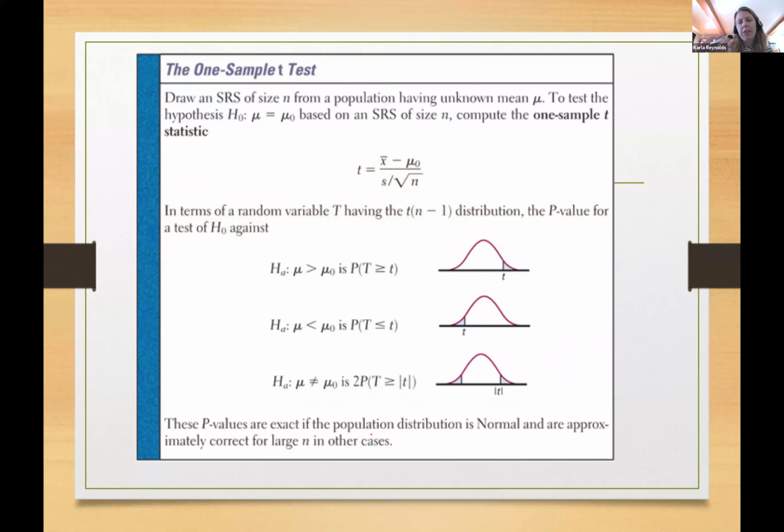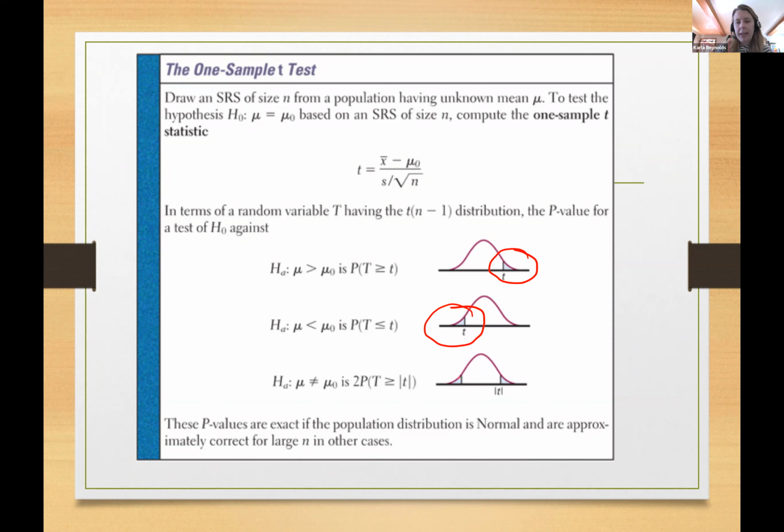This slide is just showing you how to calculate your p-value if you don't use the t-test. If you find your t-score and you want to know the p-value and you are doing a greater than statement in your alternative hypothesis, you would do your t-score to infinity. If you were doing your less than, you would do negative infinity to your t-score.